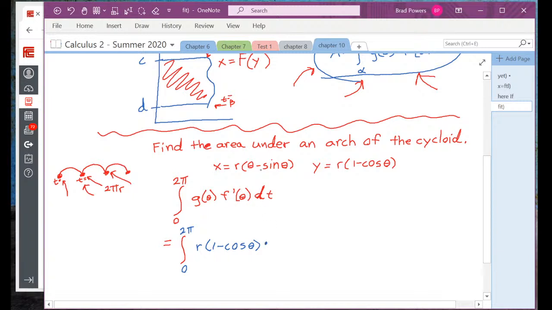Well, that's taking my x and getting the derivative with respect to theta.